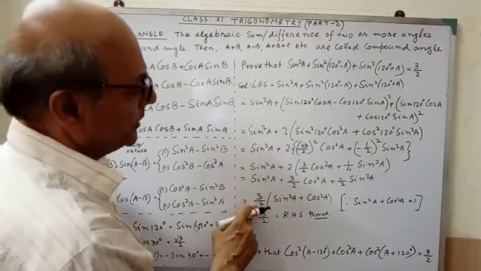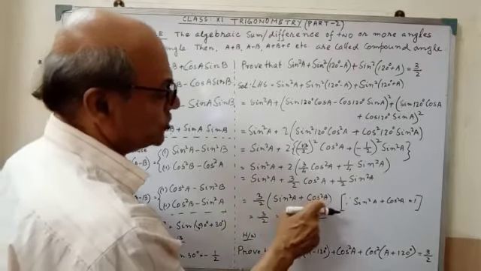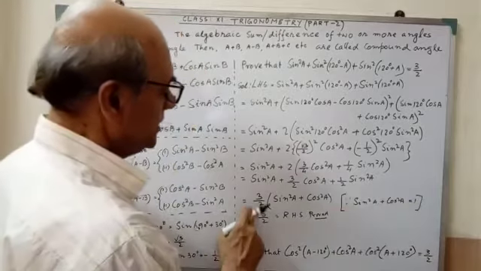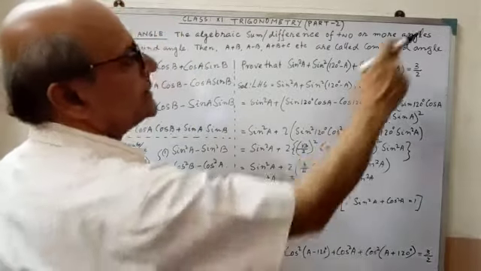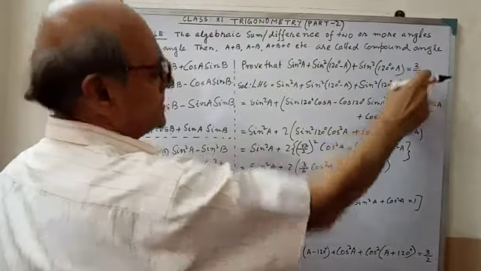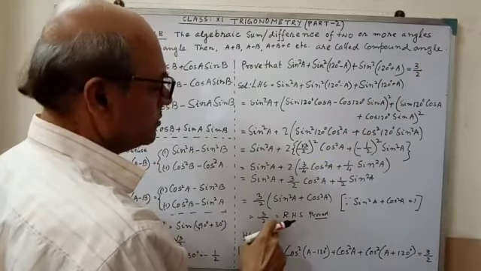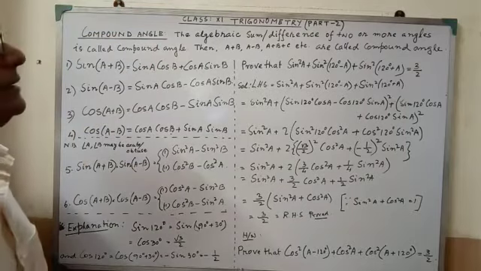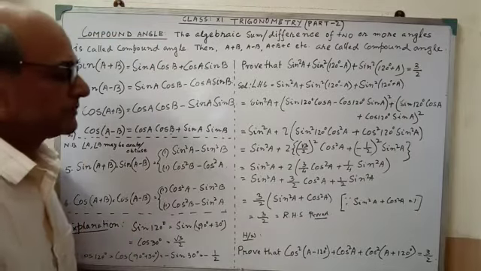After taking common, it is sine square A plus cos square A. Since sine square A plus cos square A equals 1, it will be 3 by 2. And this 3 by 2 is given on the right hand side, therefore LHS equals RHS. Proved. Up to this, if you do, then you will get full marks.